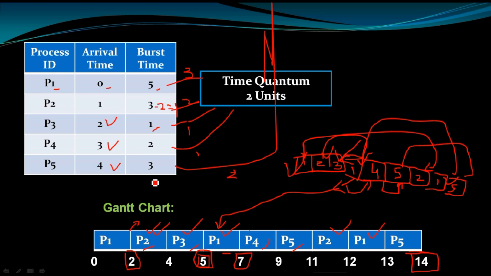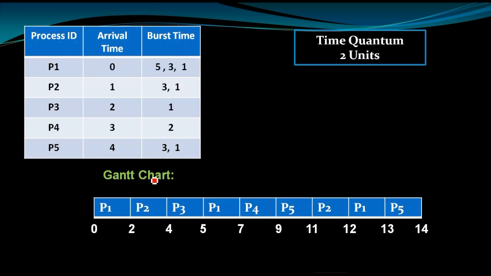Whatever I have explained is shown in this table. When the process executes for 2 nanoseconds, its remaining time is 3 nanoseconds. It will complete 2 nanoseconds here, then 2 nanoseconds here, and 1 nanosecond here.